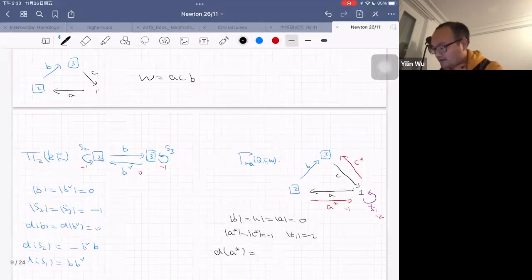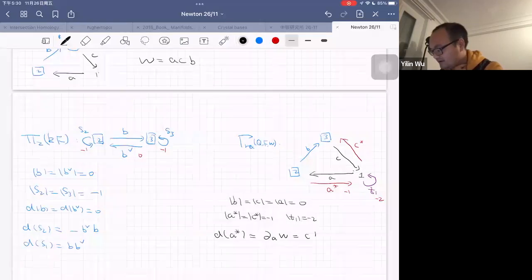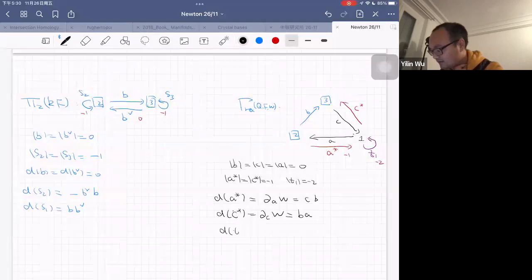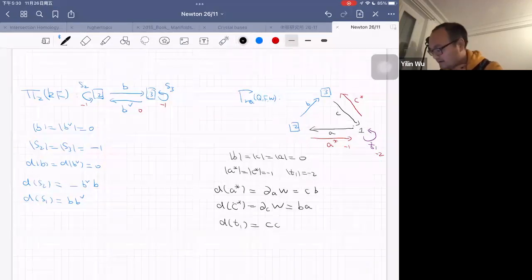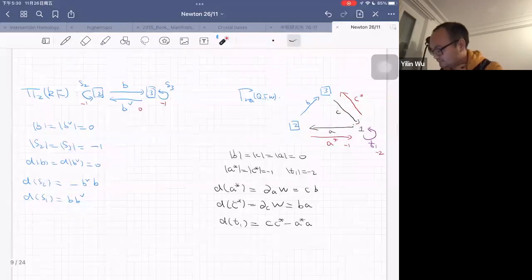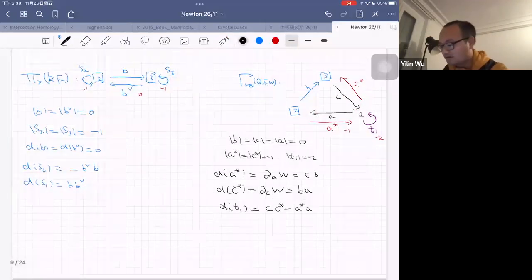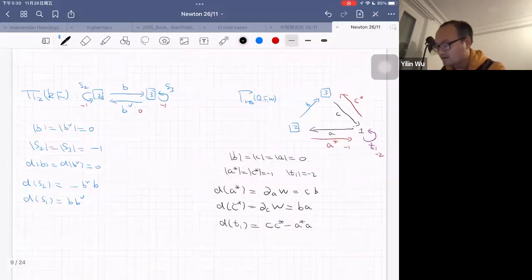For example, the potential is a c b, so the partial derivative with respect to a is c b, and the differential at c star, the partial derivative at c, is just b a. And the degree -2 loop is given by this kind of 2-cycle. Moreover, these two DG algebras are related by a DG functor.